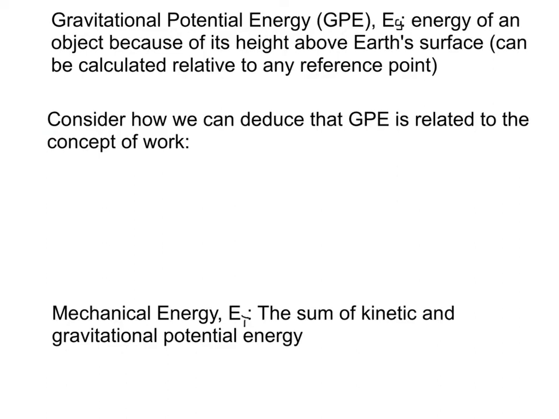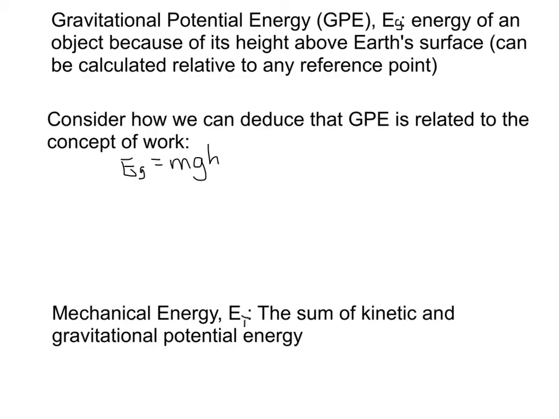So we know that GPE has to do with height above something, and if you think about it, the only reason that something would have energy because of its height must be related to gravity. And it turns out that E sub G is mass times gravity times height.